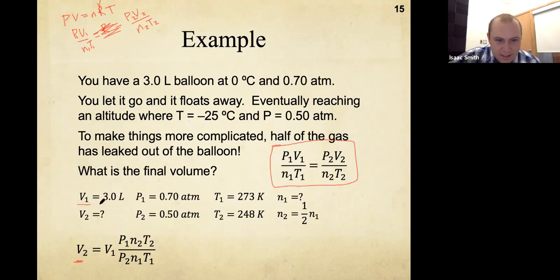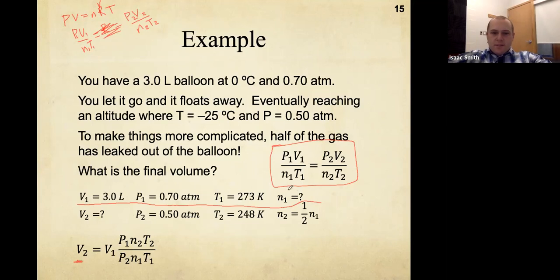So if we look at just the initial numbers here, we know that V1 equals 3 liters, P1 equals 0.7 atmospheres, and T1 is 273 Kelvin. We don't know what N1 is, right? We don't know what V2 is, we're solving for it. P2 is 0.5 atmospheres, T2 is 248 Kelvin, N2 is 1/2 N1, right? We don't really know what N1 is, but we do know this relationship.